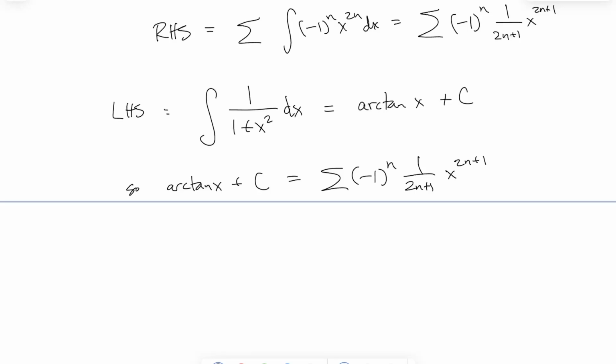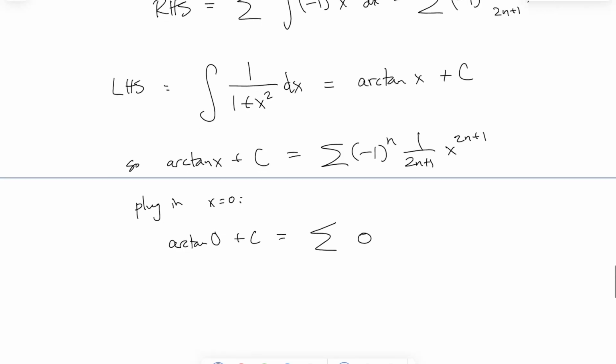The most sensible one to try is 0, because when I plug in 0 for x, it makes the right-hand side terms all 0. So it says arctan 0 plus c equals, it's just a big sum of zeros, right?